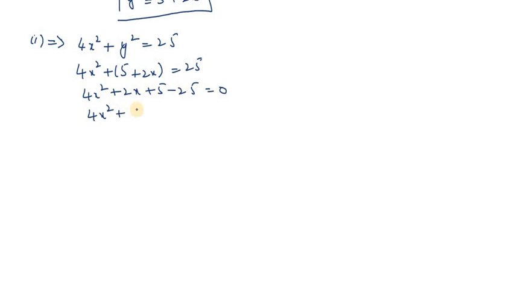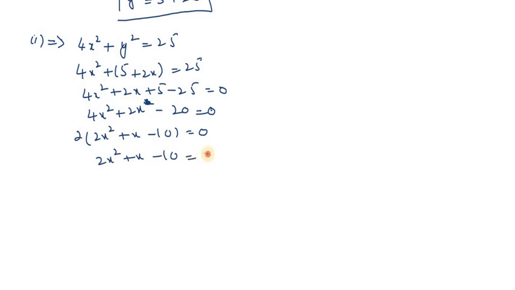Then 4x square plus 2x minus 20 is equals to 0. We can take 2 as common from this equation. Then 2x square plus x minus 10 is equals to 0. This is the equation in the form of x variable.